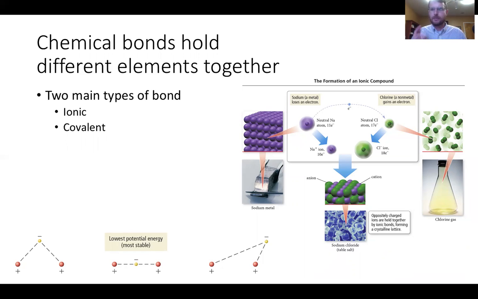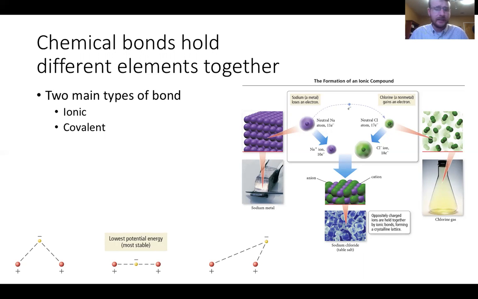And let's say we have chlorine. Well, chlorine steals that electron, and so it becomes -1. And so we now have a +1 and a -1. Well, those things don't like to be charged. So they look at each other and say, hey, let's get together. And so then they come together. Now we know that as table salt, sodium chloride, NaCl. But that's why we form an ionic bond, to neutralize charge.